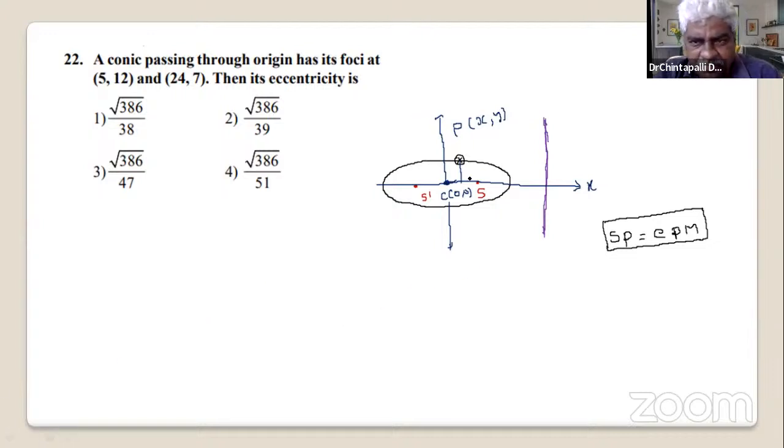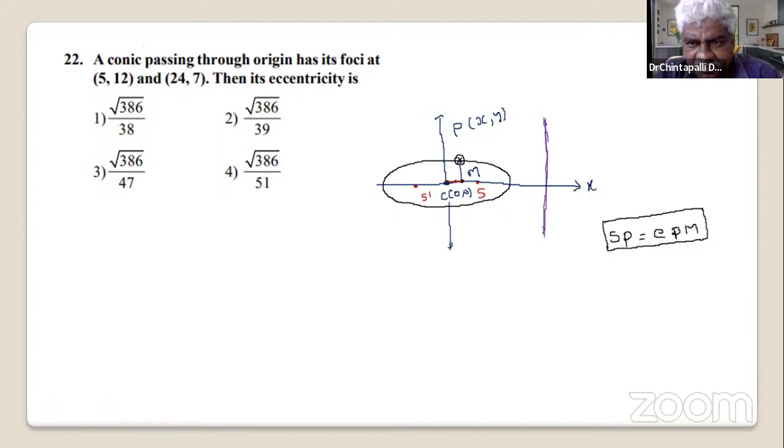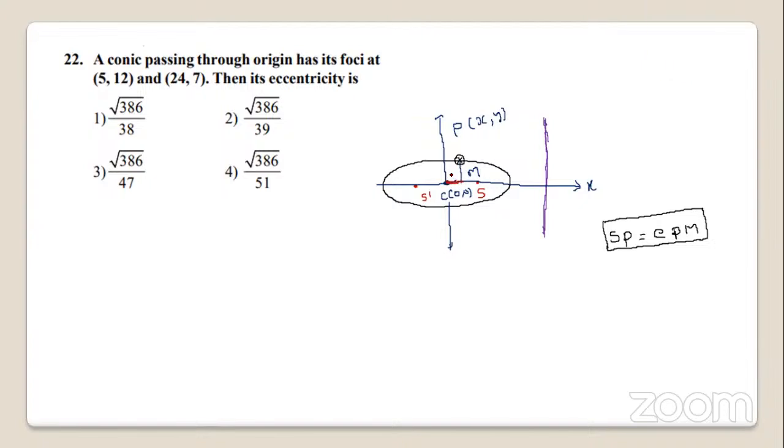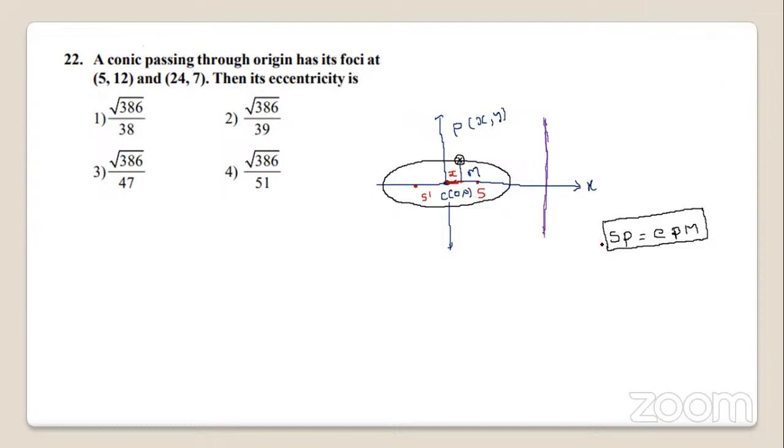Let it be M. Can you tell what is CM? In the coordinate system, it is x. What is PM? We don't need that, it is y. CM is x only, right? Now, what is the basic definition for ellipse?